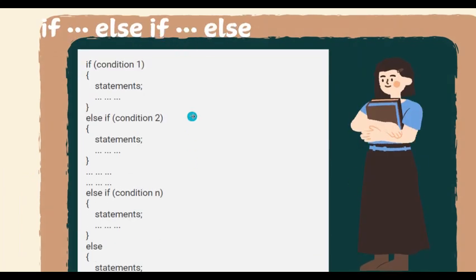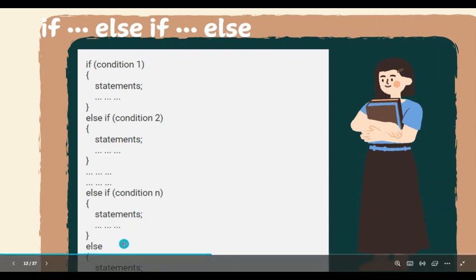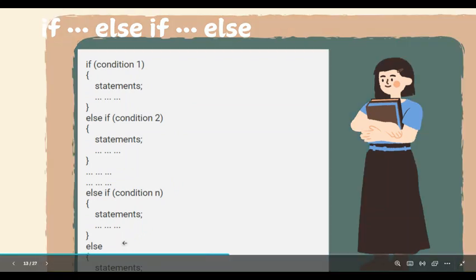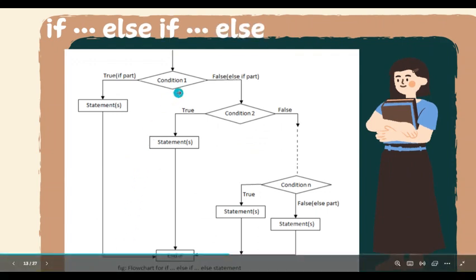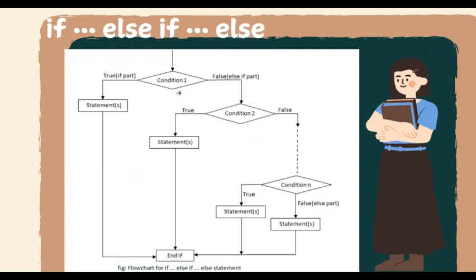Else if. Here we'll have n number of conditions to check. If these n number of conditions don't get true, then else part will get executed. And here is the flowchart for else if.